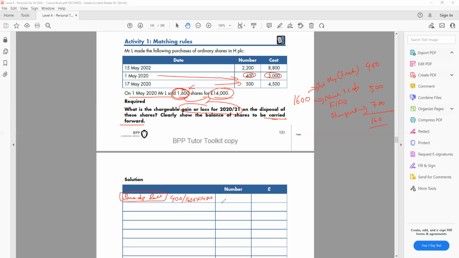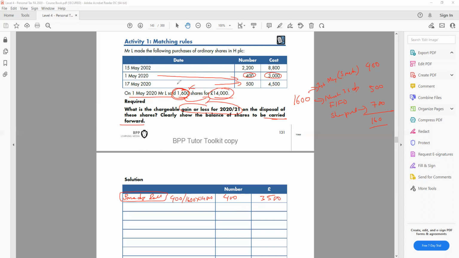If I sold 1,600 shares for 14,000 pounds, I need to know how much I sold each part for. So for the same day 400 shares, the selling value is 3,500.